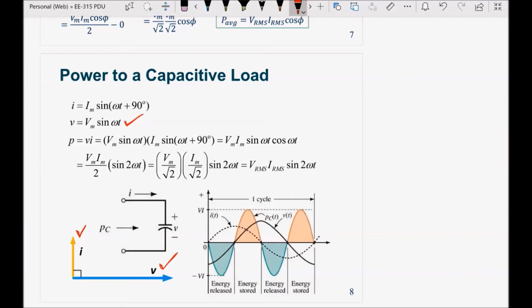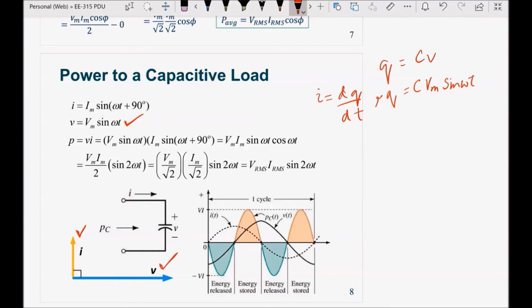In that case, the current can be represented as I equals dq by dt, where the charge is defined as q equals CV, we know that, or if we substitute the value of v, q equals C Vm sin omega t. Alright.